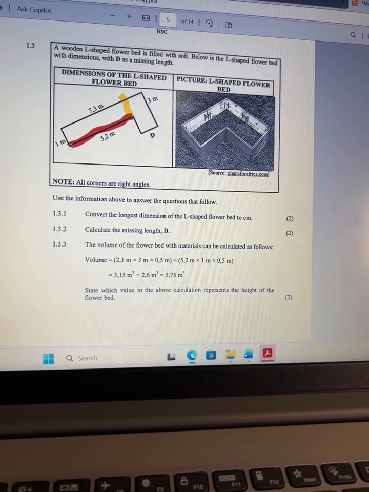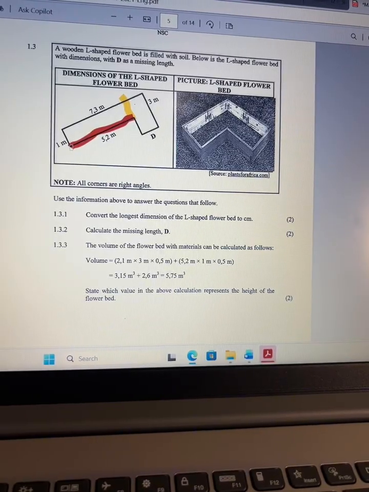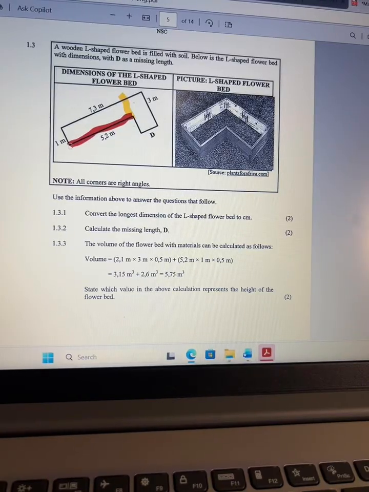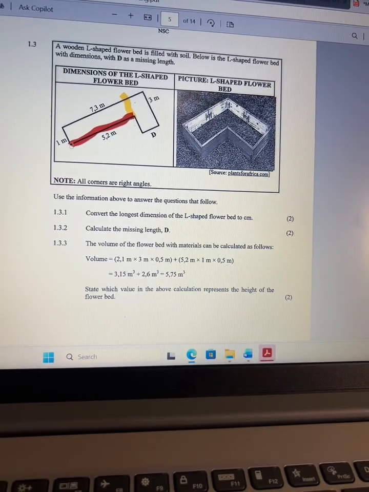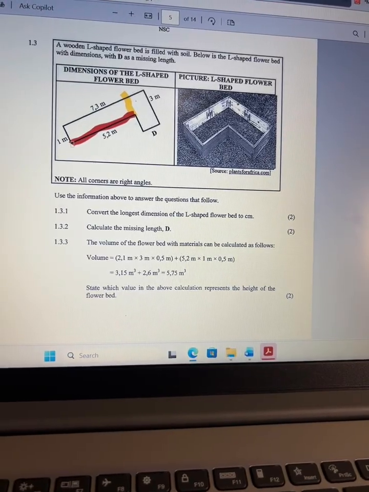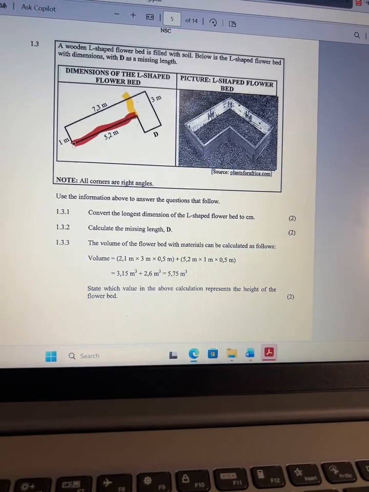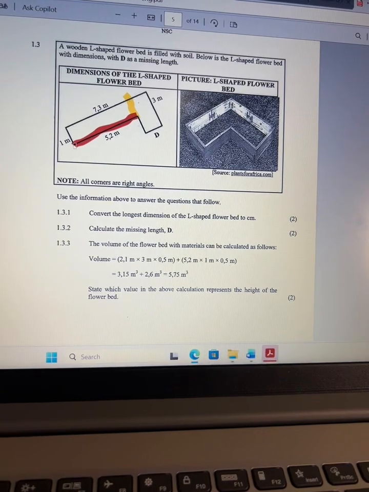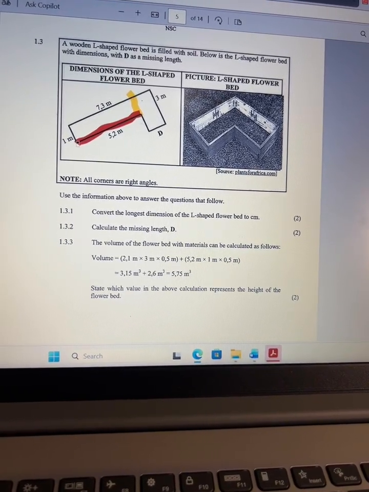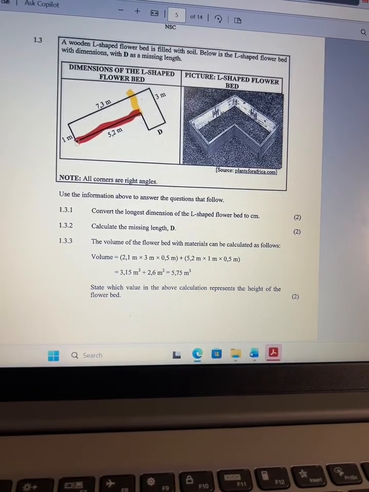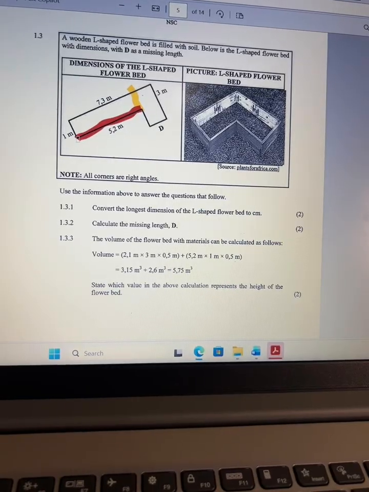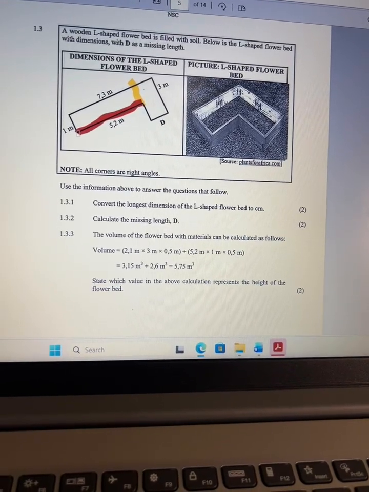Volume equals 2.1 meters multiplied by 3.3 meters multiplied by 0.5 meters, plus 5.2 meters multiplied by 1 meter multiplied by 0.5 meters, which is 3.15 meters cubed plus 2.6 meters cubed, equals 5.75 meters cubed. State which value in the above calculation represents the height of the flower bed.